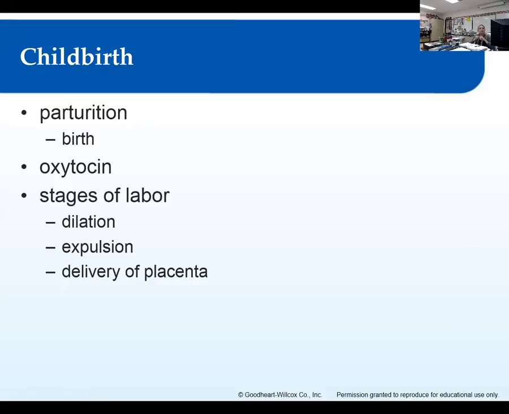So when that cervix is stretched, those stretch receptors send messages back to the brain that say, hey, we need more oxytocin. Remember at the very beginning of the year, we talked about positive feedback mechanisms, and this is an example of that. Oxytocin is released, says, hey, we need more stretching, we need more pushing, we need more contractions.